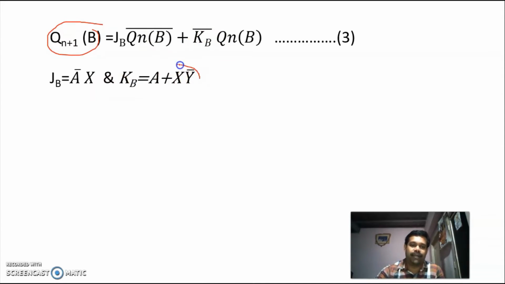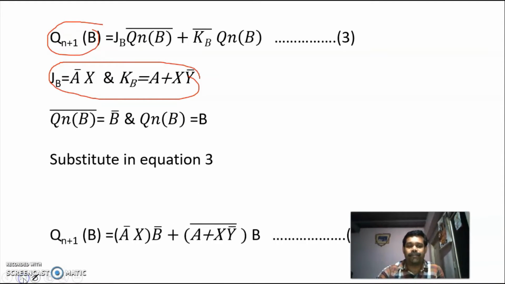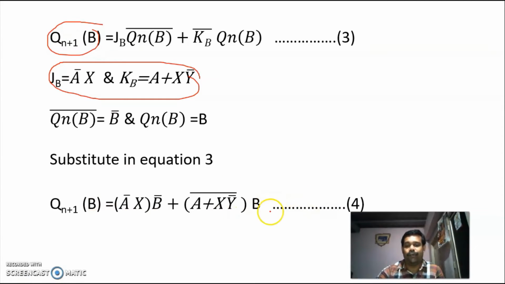From the question, they have given the values of JB and KB. You are substituting in this equation 3, and you are getting the equation 4.